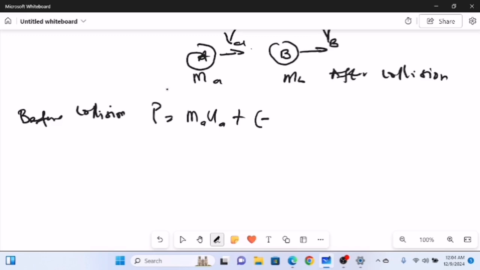I will tell you the reason why. So minus mass of block B times the initial speed of block B.